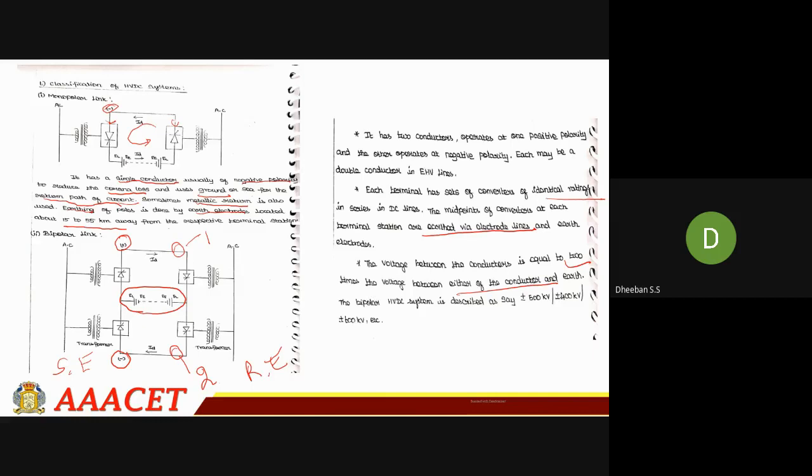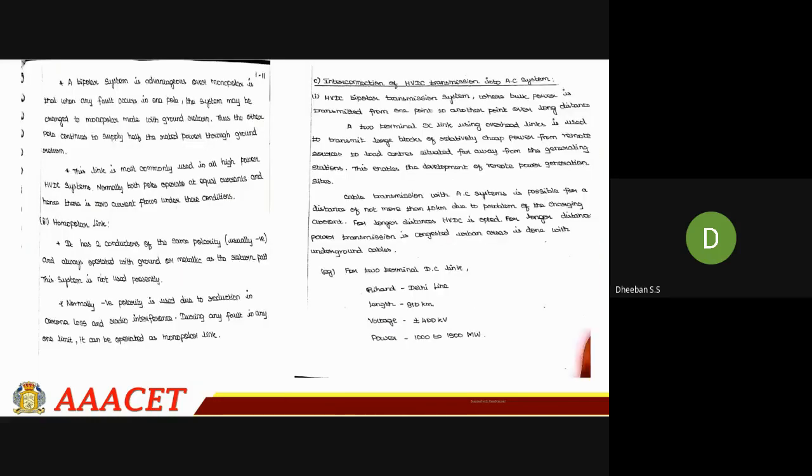This shows some of the ratings at which a bipolar link works. But the bipolar link has more advantages compared to the monopolar, because when a fault occurs in one pole, the system can still be operated, which is difficult in the case of a monopolar link.